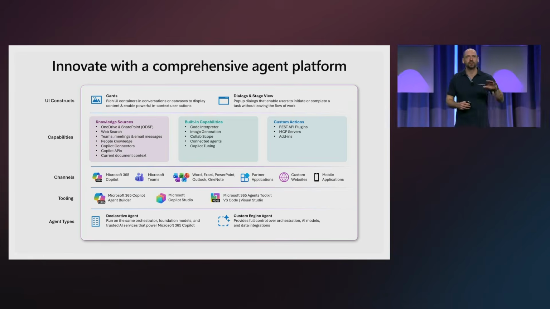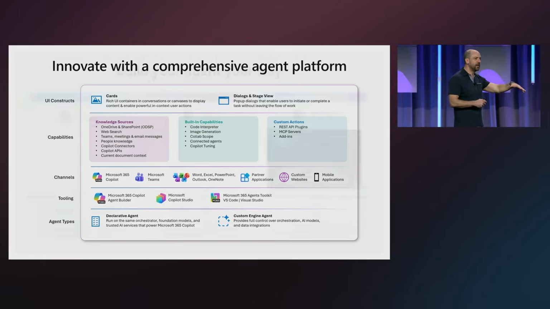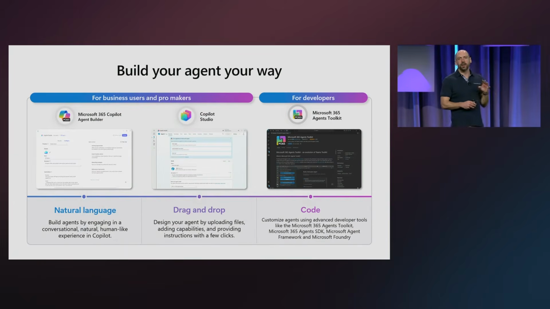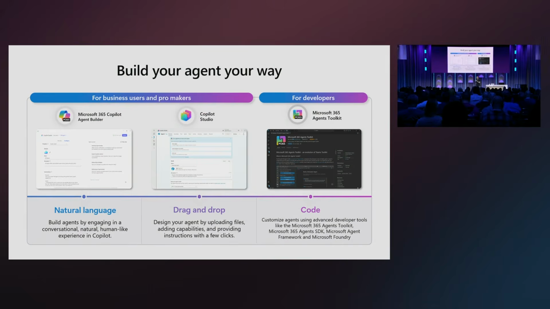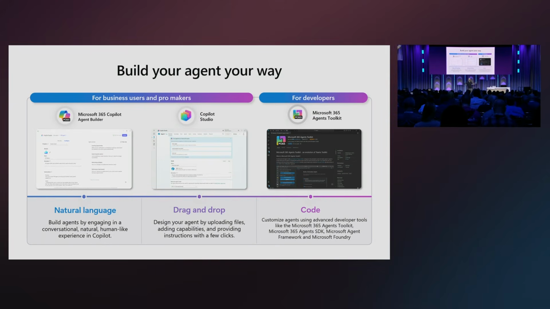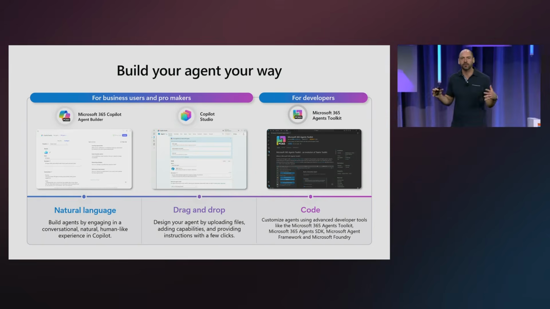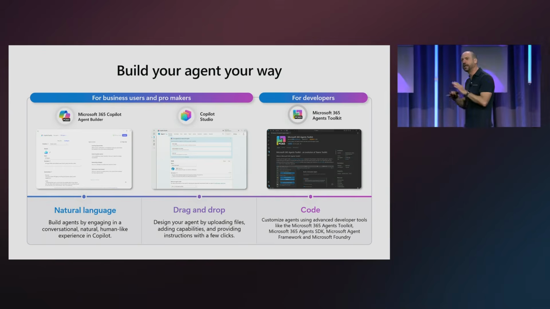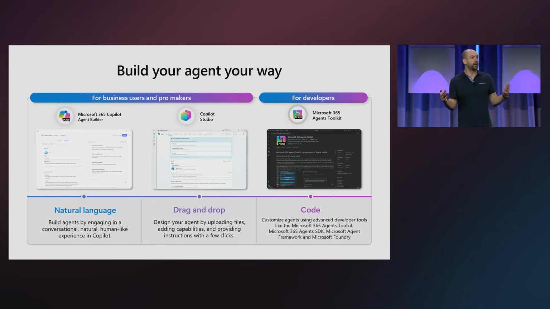As we drill into tooling and agent types, I'm going to go to the next slide to talk about that in a little bit more detail. We really fundamentally believe that every single person should be able to build an agent. So we have a spectrum of tools at their disposal. You've probably heard a bunch this week about things like Agent Builder, a really simple conversational experience for building agents that's accessible to any information worker. You probably heard a lot about Copilot Studio.